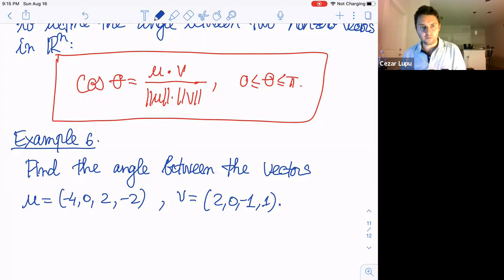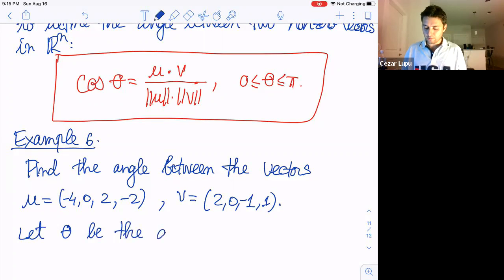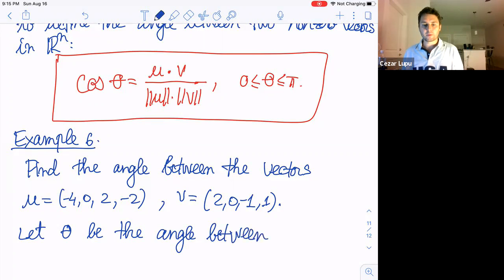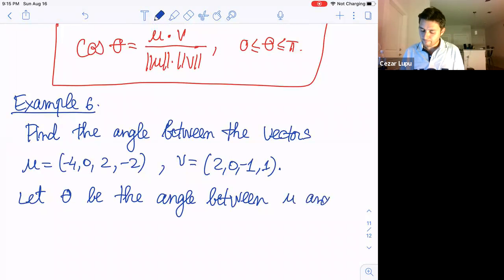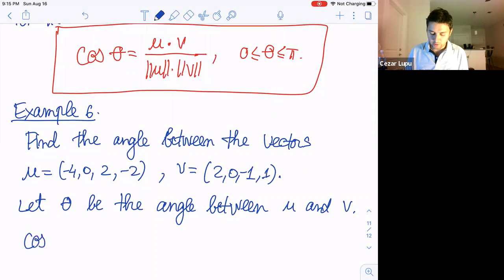Well, by the definition above, let theta be the angle between u and v. By the definition, cosine of theta will be nothing else than just u dot v over the magnitude of u times the magnitude of v.